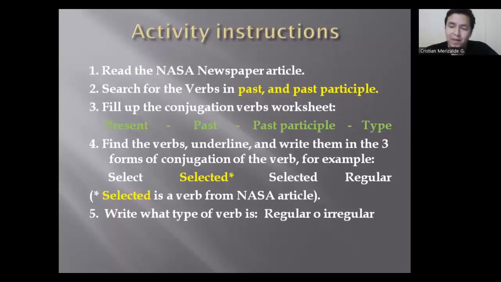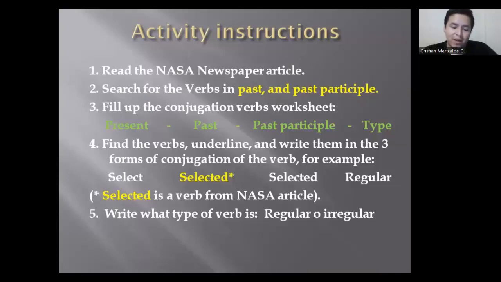You also will have here a worksheet, and you will see that the worksheet has present, past, past participle, and the type of verb it is. So you will say if this is a regular verb or an irregular verb. Remember that we have some structures about the irregular verbs.